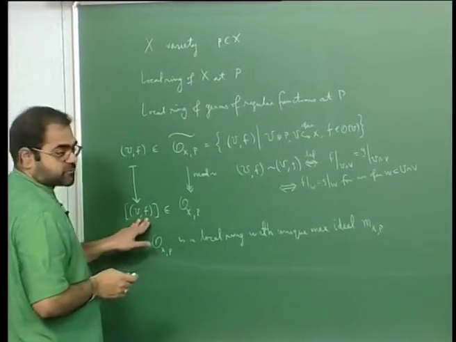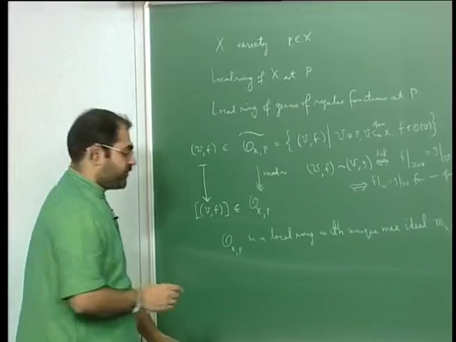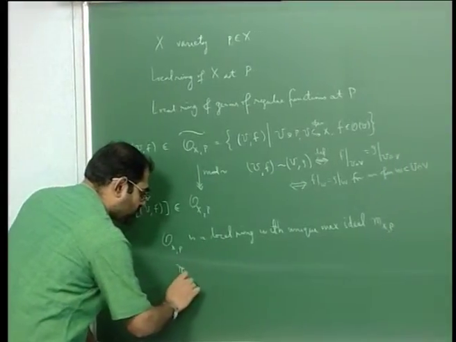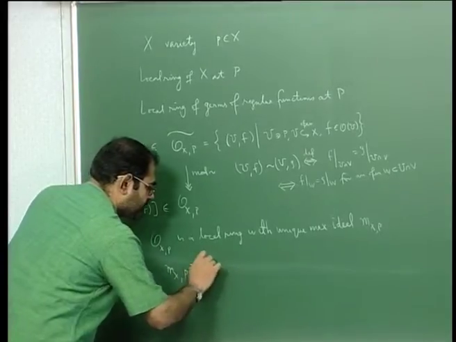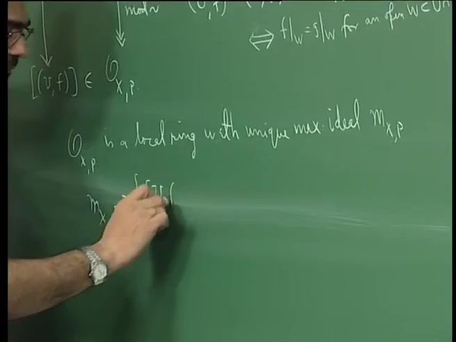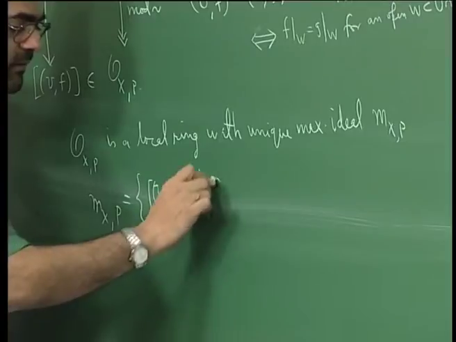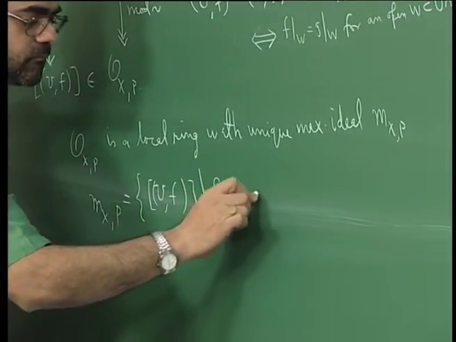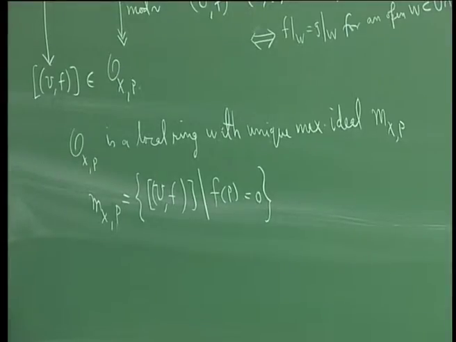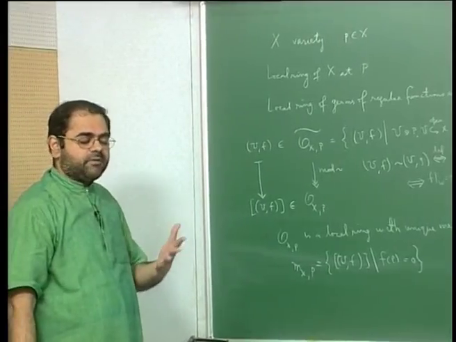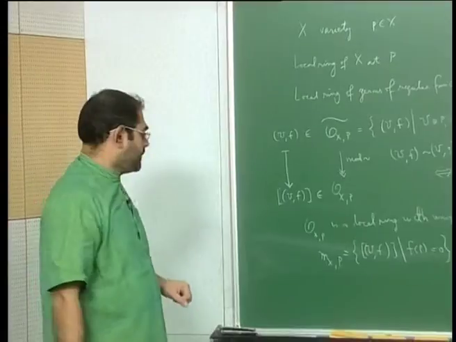It is germs of all those functions which vanish at the point P. So M_X,P is all those germs (U, f) such that f(P) is 0. So germs of those regular functions defined in a neighborhood of the point P which vanish at P.